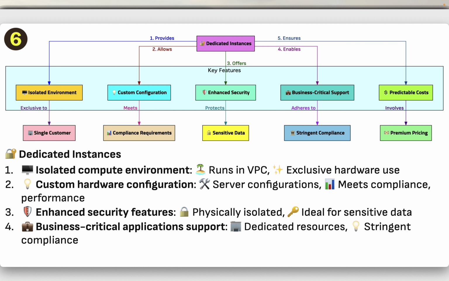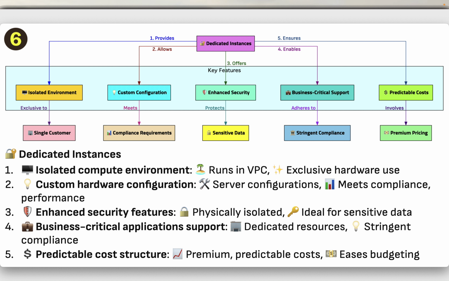They are perfectly suited for running business-critical applications that require dedicated resources and stringent compliance adherence. Although they come at a premium, dedicated instances offer a predictable cost structure, making budgeting easier for companies.